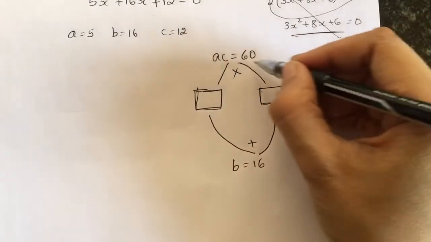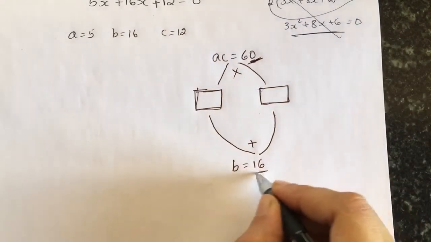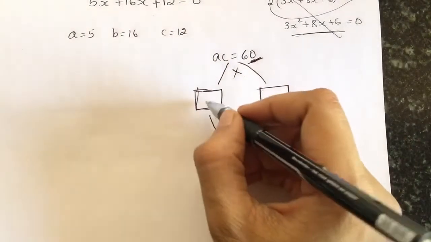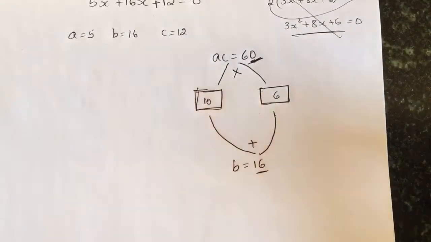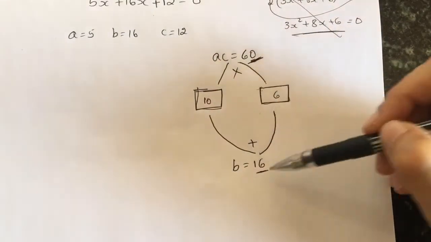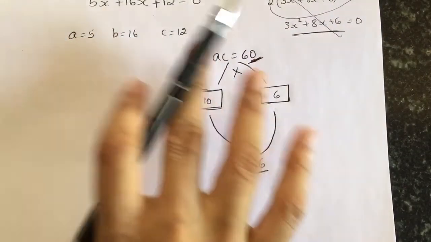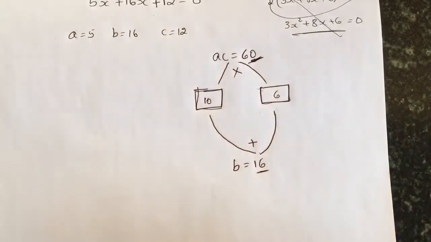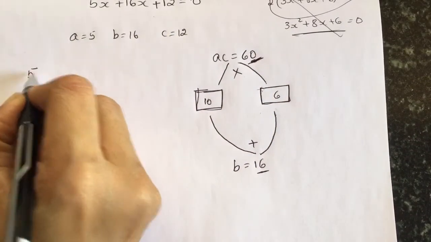Their product is 60 and the sum is 16. Of course, you can make a guess, that is 10 into 6. So here no problem with the signs. So you can directly split them.